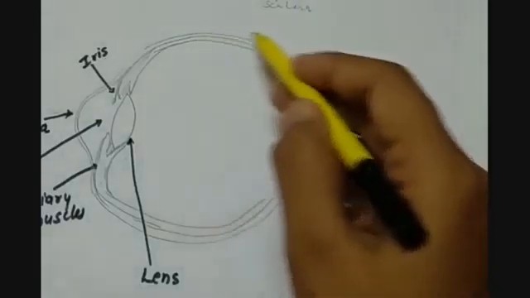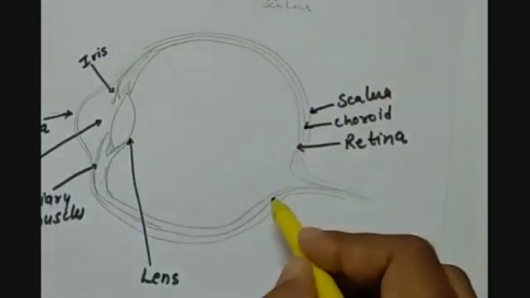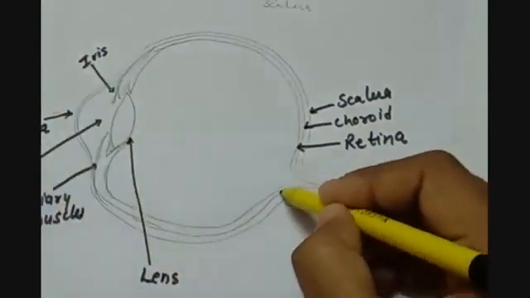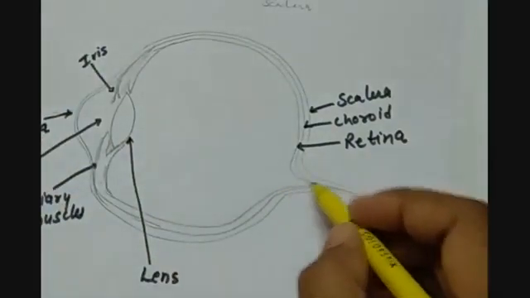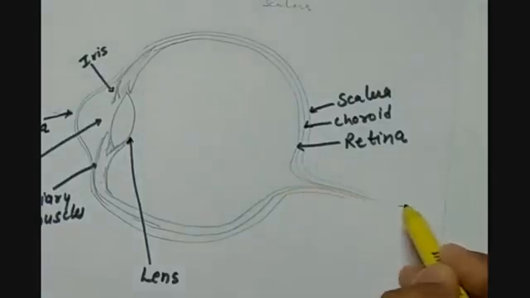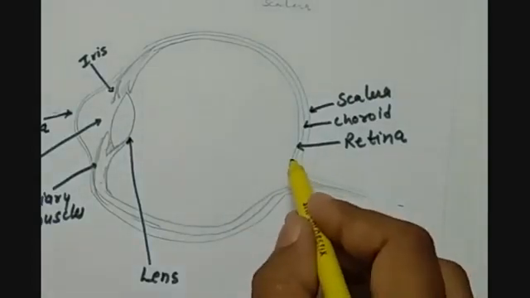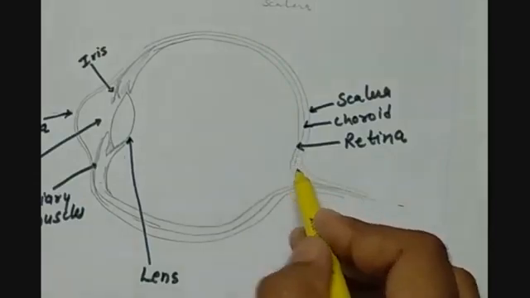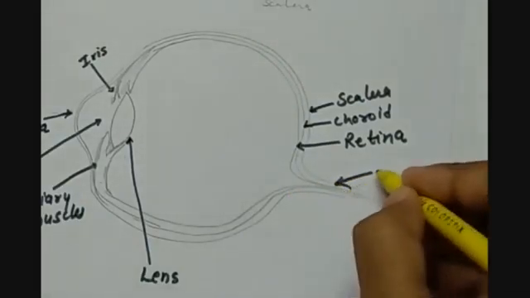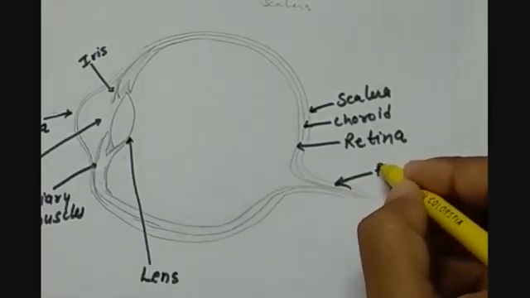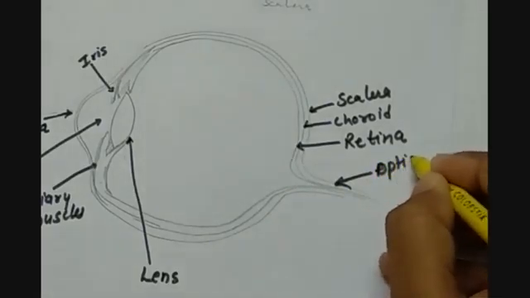And here all the layers are getting merged up and they are taking the signals from here, from the retina to the brain through this nerve, and that is why this nerve is called optic nerve.